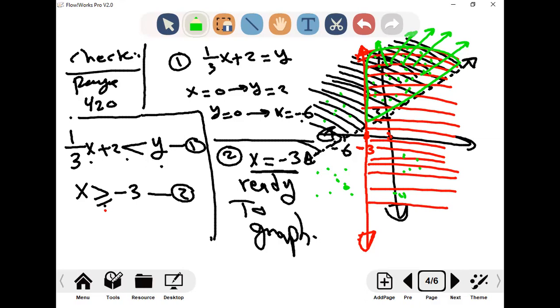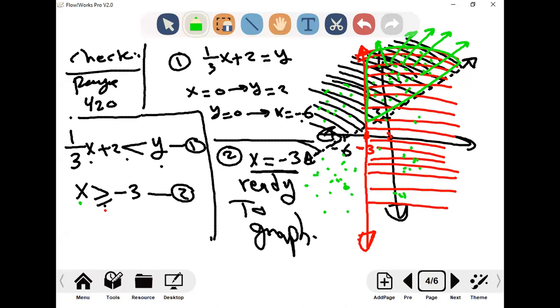Is 0 less than -4? No. But x is -6, right? Is -6 more than -3? No. So any point here in the white region is not a solution for both. Any point here is a solution for the second one. Any point here is a solution for the first one. Any point here is a solution for both of them. Do you understand?